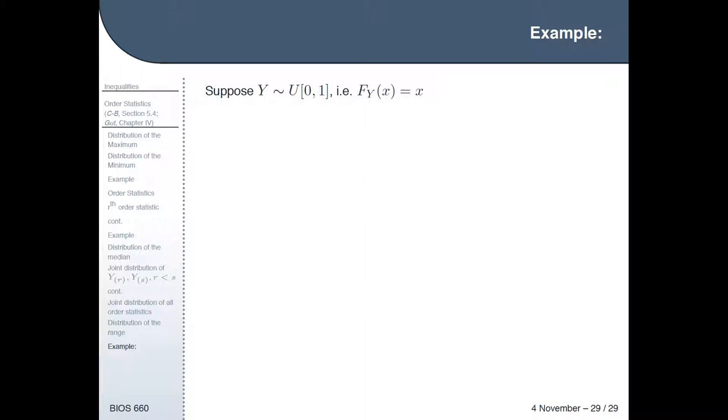So if Y is uniformly distributed on 0 to 1, then using the formulas from the previous slides, to find the density for the range you just integrate n times n minus 1 times r to the n minus 2 from 0 to 1 minus r. That's, of course, just equal to n times n minus 1 times r to the n minus 2 times 1 minus r.